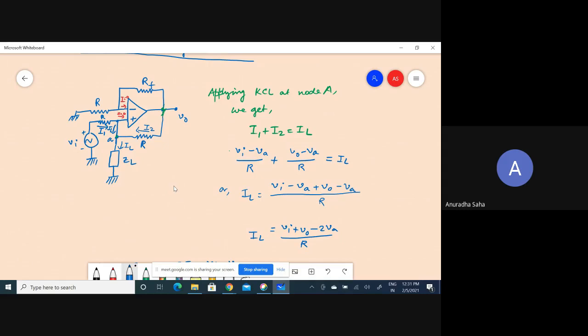Is it VI, which is coming to the positive terminal? No, because there is a certain feedback coming into this terminal, which is nothing but this VA. That means the voltage at node A appears as an input voltage to the non-inverting terminal.